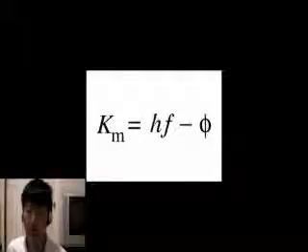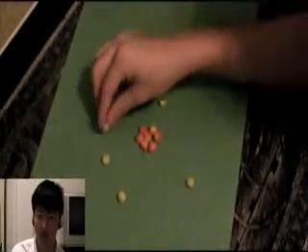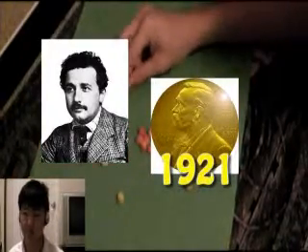A photon above a threshold frequency has the required energy to eject a single electron, creating the observed effect.